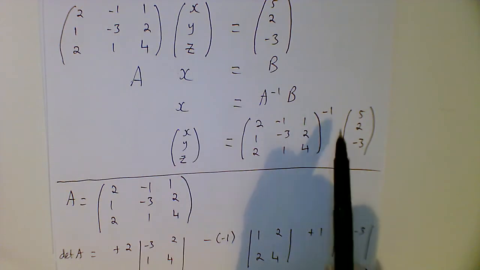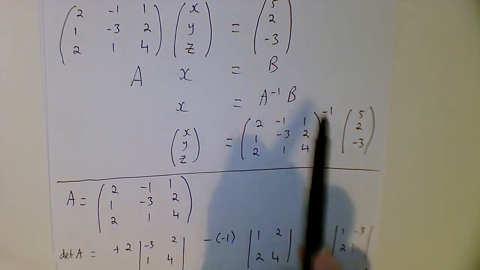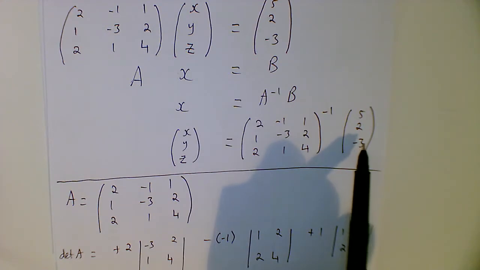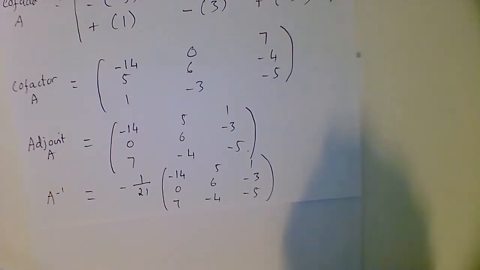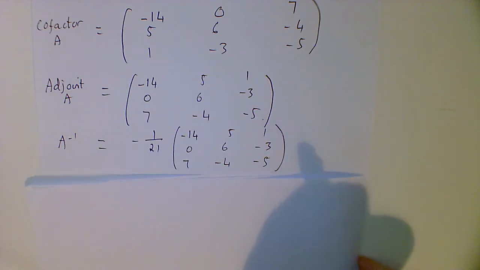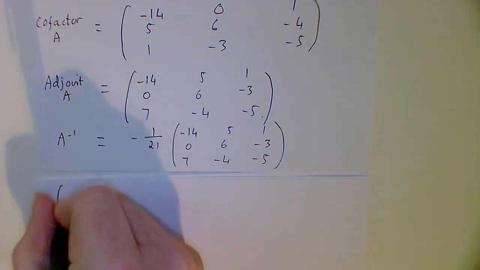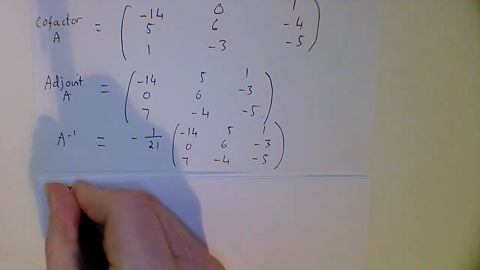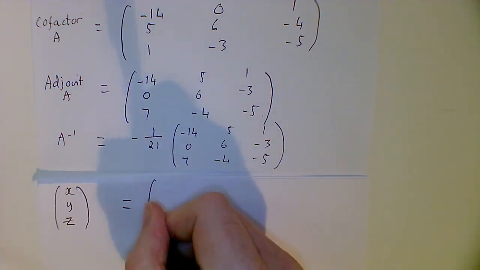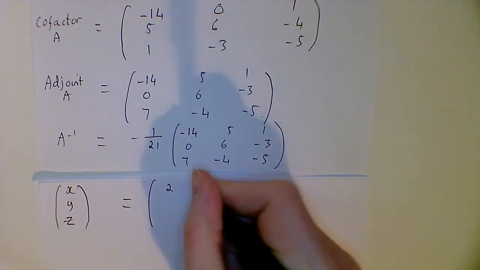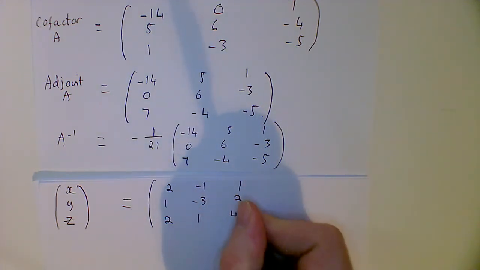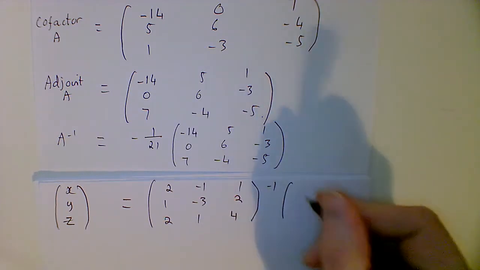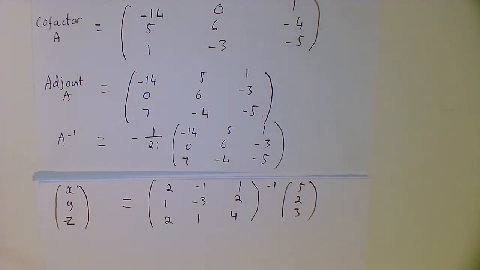And the way I do it is I'm told if I multiply the inverse matrix of this by those values there, x, y, z is equal to the inverse of 2, negative 1, 1, 1, negative 3, 2, 2, 1, 4, multiplied by 5, 2, 3. Right, that was what my theory was behind this.